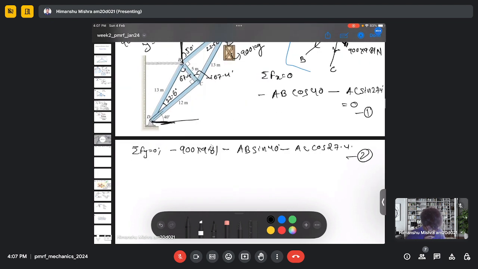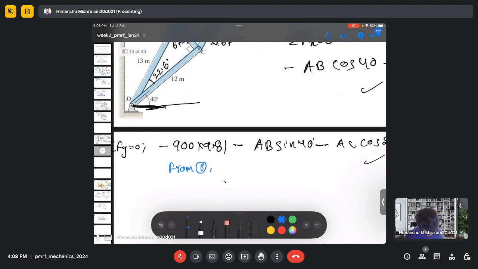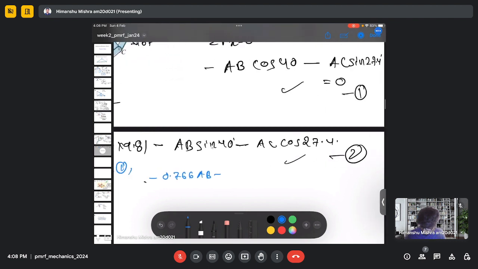So if you solve this together, from equation 1 you have 0.766 AB minus 0.46 AC equal to 0.